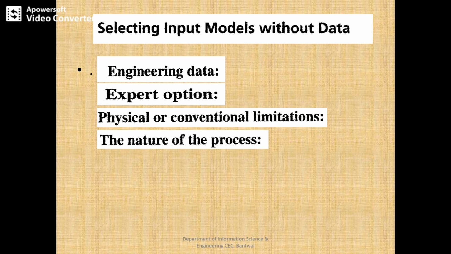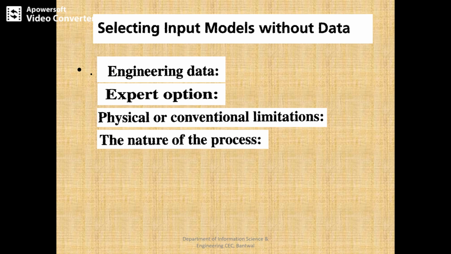There are a number of ways to obtain information about a process even if data are actually not available. The first way is engineering data. Often a product or process has a performance rating provided by the manufacturer, such as the mean time to failure of a particular disk drive or electric component, in number of hours.